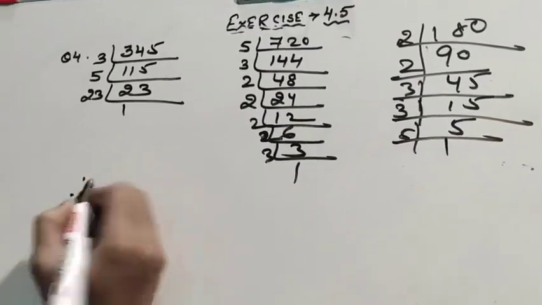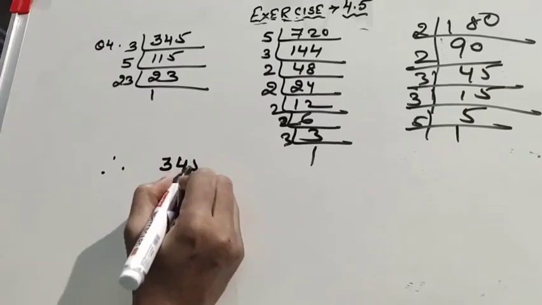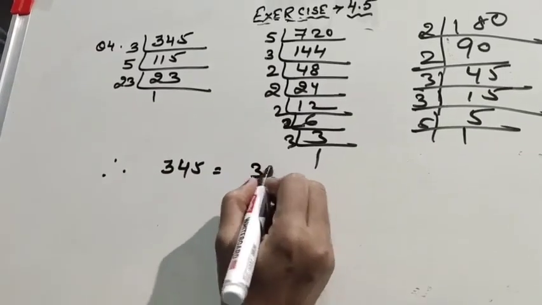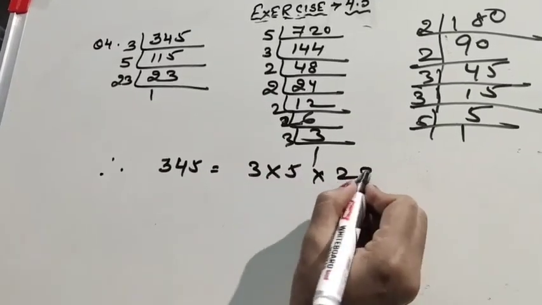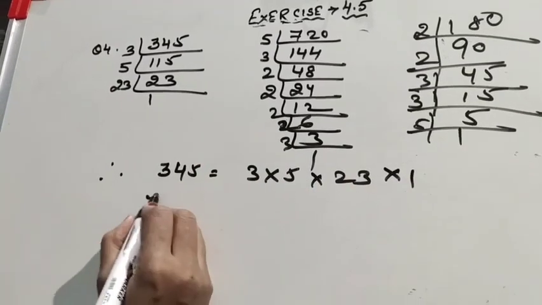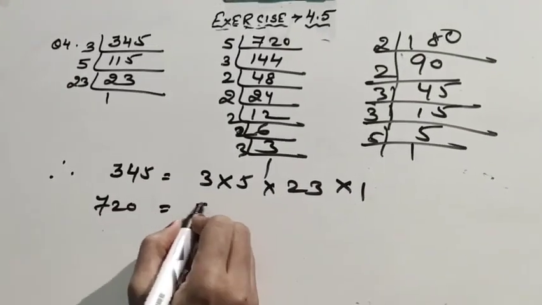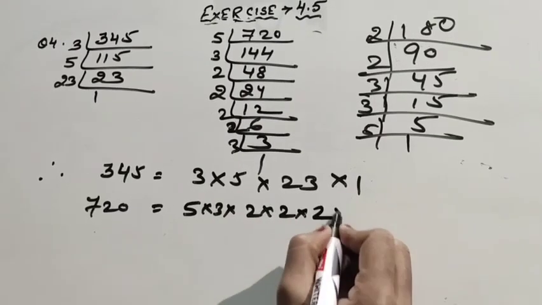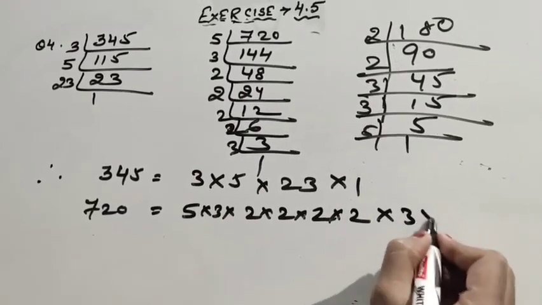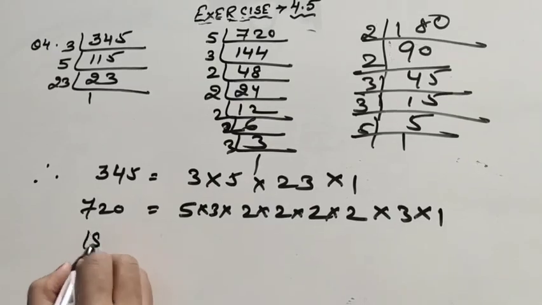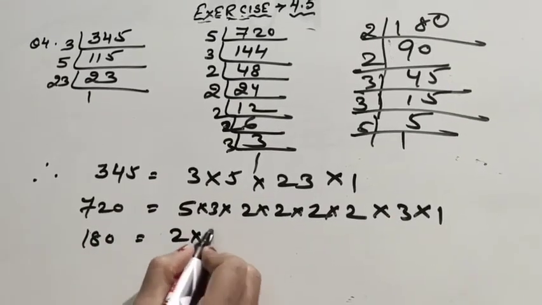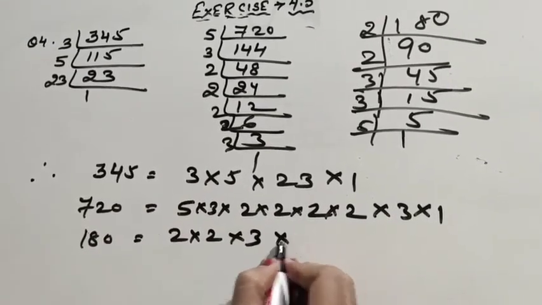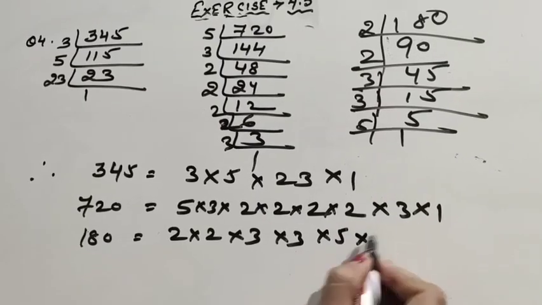Now first of all write 345, which is 3 multiply 5 multiply 23 multiply 1. 720 is 5 multiply 3, 2 again 2 again 2 again 2, and the last is 3 multiply with 1. 180 is 2 multiply 2, then 3, then 3, then 5 multiply 1.